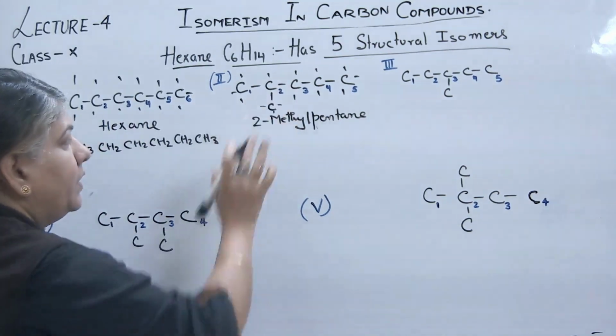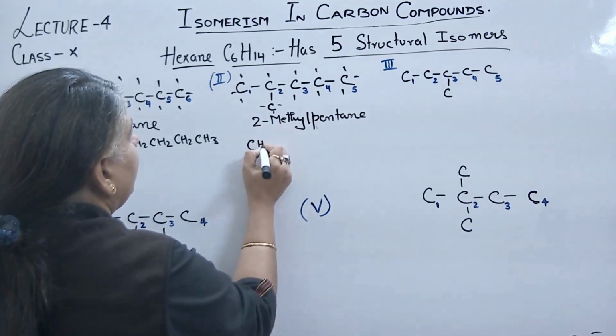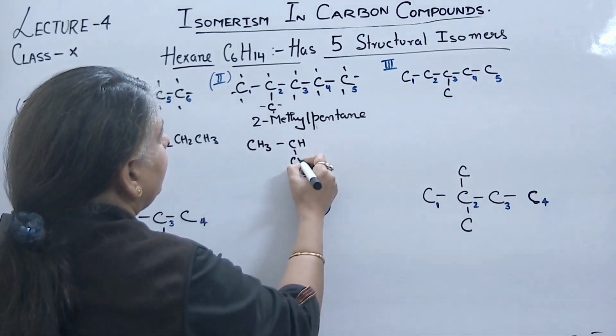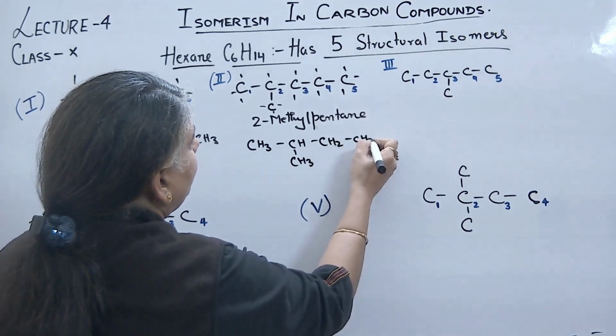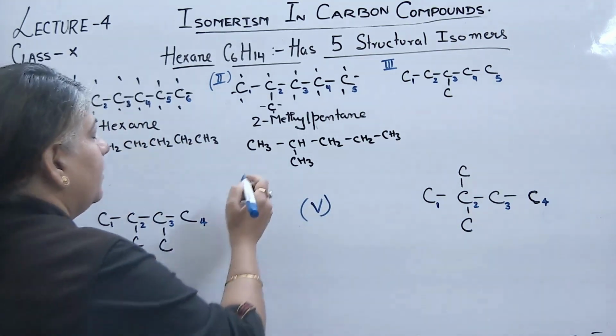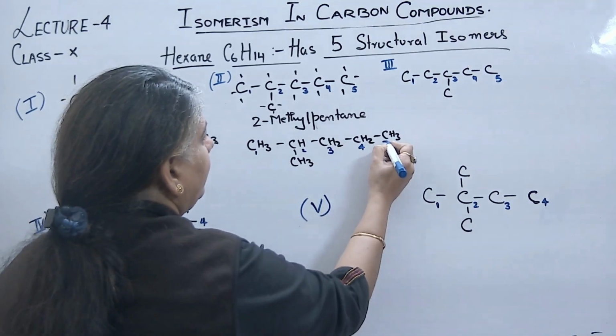Again, with the help of this carbon skeleton, you can write the formula CH3, CH, CH3, CH2, CH2, then CH3. 1, 2, 3, 4 and 5.